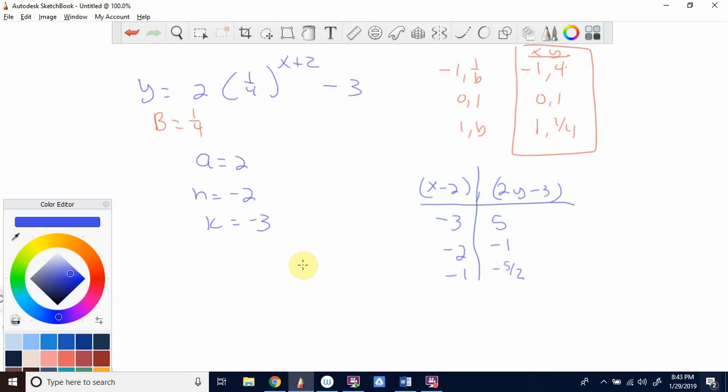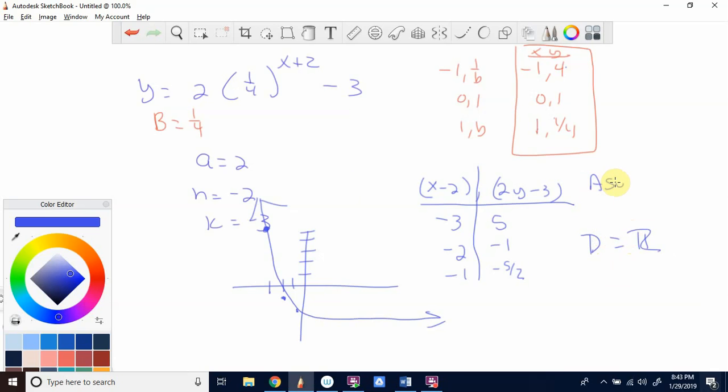Okay, so now we can graph this. These are our points. Oops, negative 3, sorry. Negative 2, negative 1. And then negative 1, negative 2.5. So it's about right here. Okay, it's still the same shape. So our domain is still all real numbers.